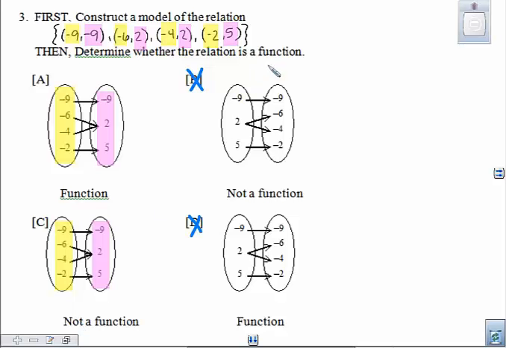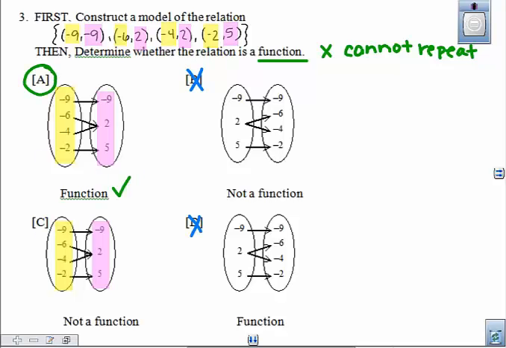The rule for a function means that x cannot repeat. So you look at your x values that we have highlighted in yellow, and none of those repeat. So yes, this is a function.